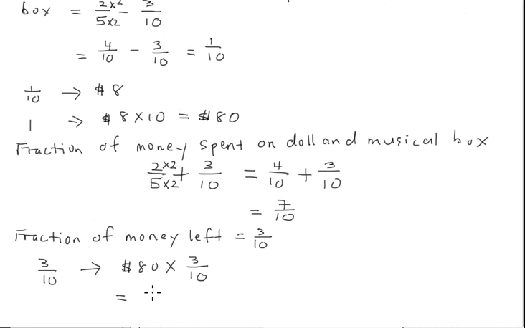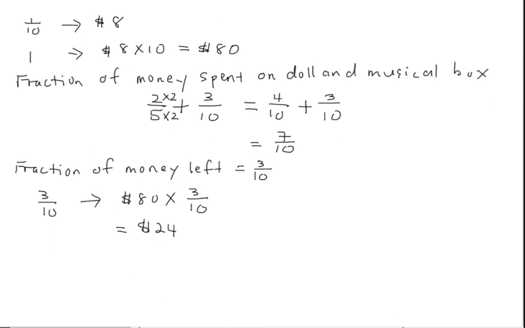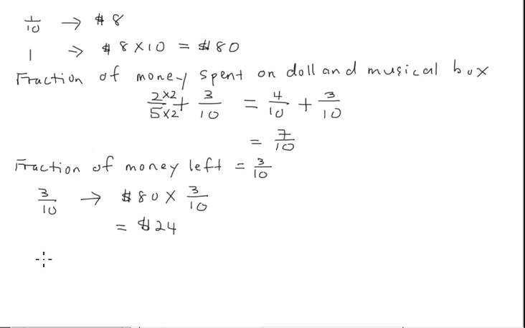And 8 times 3 is 24. So this is actually the answer. It is good if we can write a statement, right? Amount of money left is equal to $24. And this would be my answer.